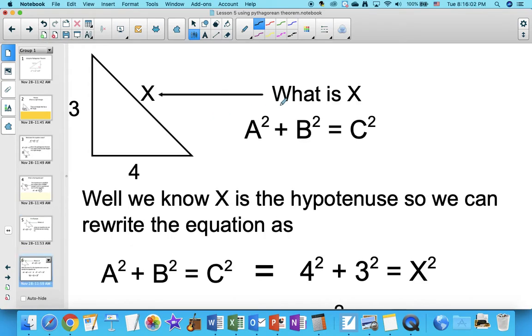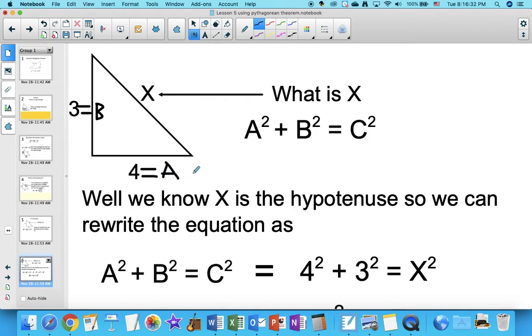So what is x? Well, we have a squared plus b squared equals c squared. I'm going to call this side A, and this side, the length of 3, B. It doesn't really matter which is which; I'm making 4 side A. Well, a squared plus b squared equals c squared. If 4 is a, I substitute that in.